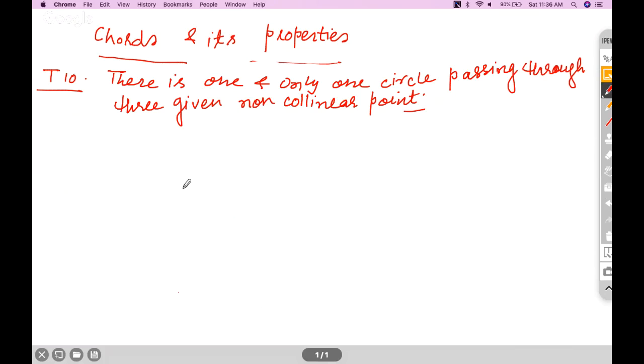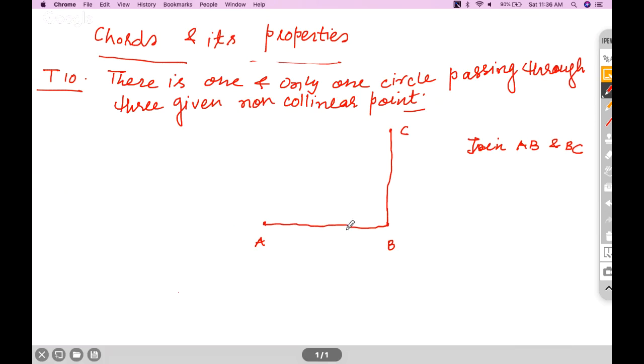Okay, now what we do is, in this particular case, we will take 3 points. Suppose this is point A, this is point B, and this is point C. Draw this. This is construction which I am doing. You should do it with your compass. So I'm joining AB and BC.